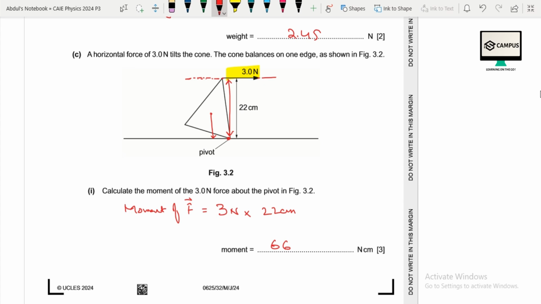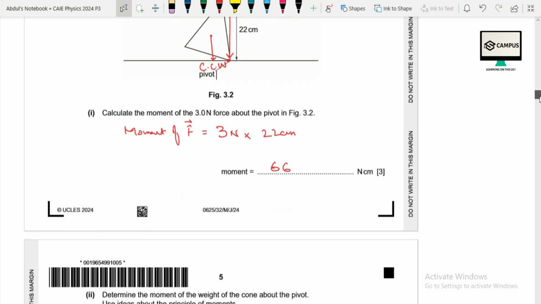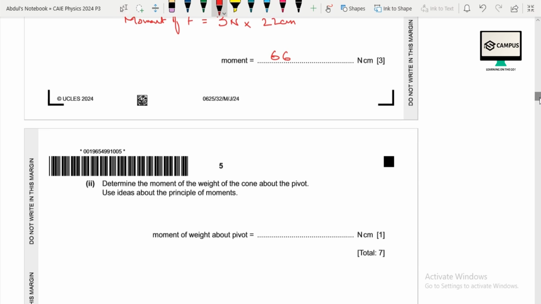And since there is no other force other than the 3 Newton force and the weight force, the weight force would exhibit the same moment about the pivot point. However, its direction would be opposite. This 3 Newton force is creating a clockwise moment, and this weight force would create a counterclockwise moment. Although that's not needed, it's just to be consistent with our understanding. So the moment of weight about the pivot would be exactly the same, but opposite in direction.